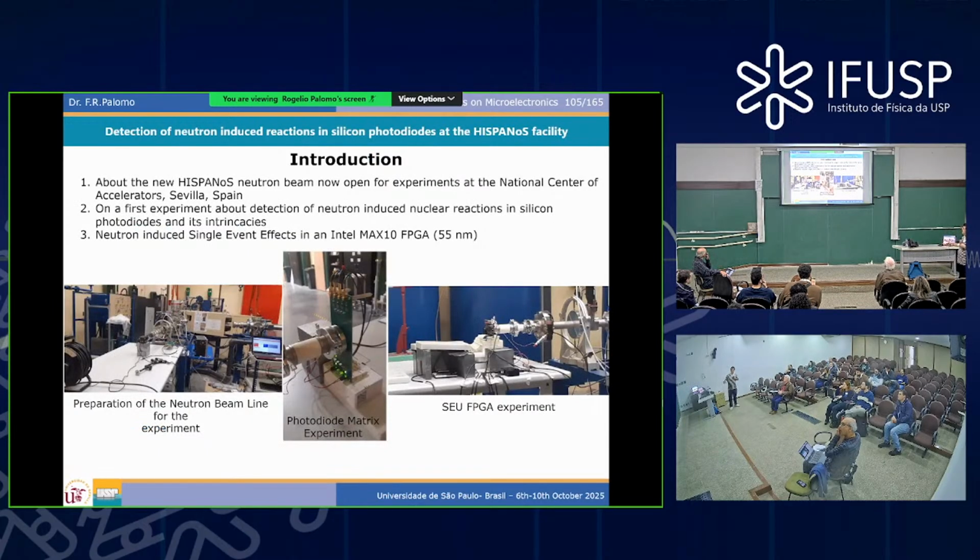So this is our neutron line. That's the pelletron, the selective magnet, and straight from the pelletron, we have a neutron production target. We use different production targets. I will elaborate in a moment. That's the photodiode matrix experiment where we are shooting the production targets here.